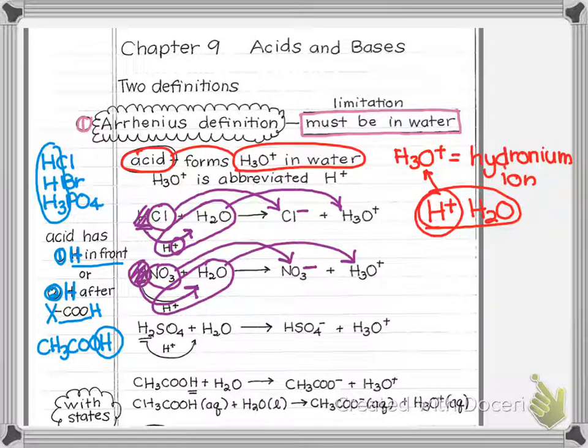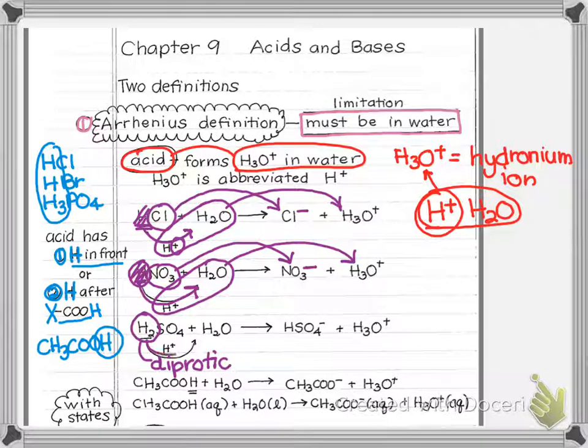Now this last example here, this is sulfuric acid, and notice you have two. Sulfuric acid is something we call a diprotic acid because it has two hydrogens. For the sake of this definition, we treat each hydrogen individually.